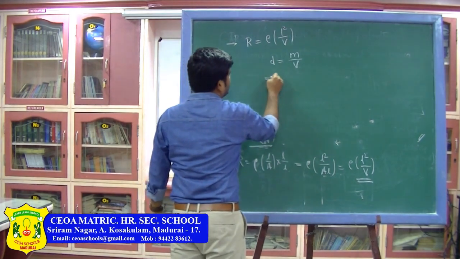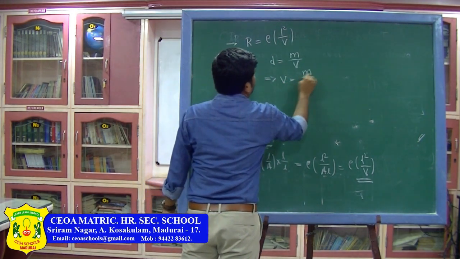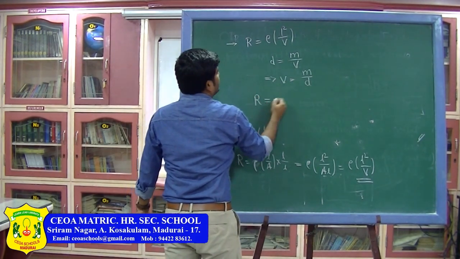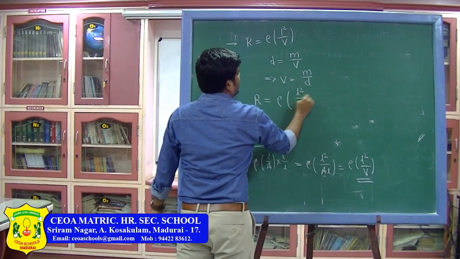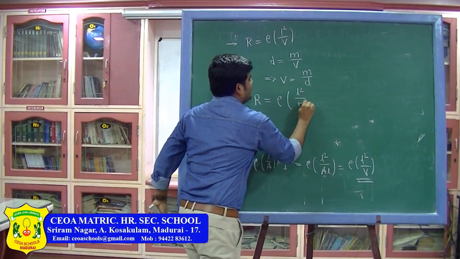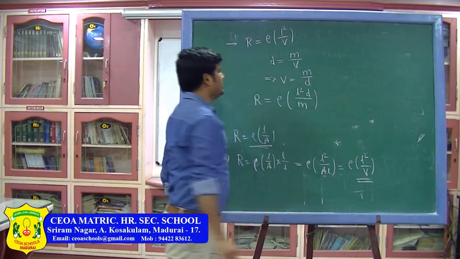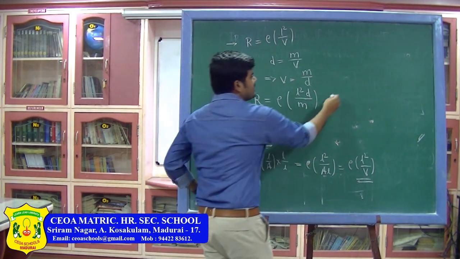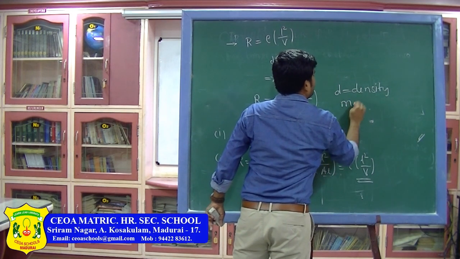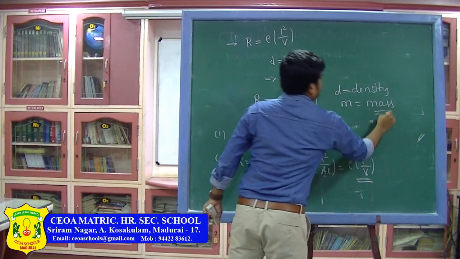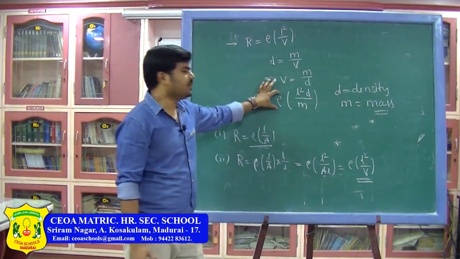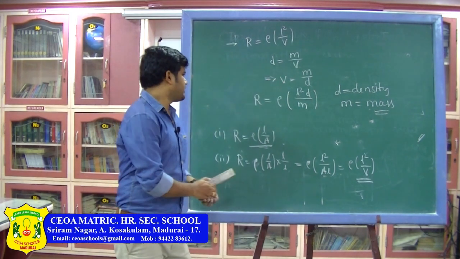Writing volume in terms of density, V equals M divided by D. Substituting the V value, you get R equals rho L square divided by M by D, so it will be rho L square D divided by M, where D is density and M is the mass of the given wire. This is the expression for electrical resistance in terms of density and mass, and rho is the electrical resistivity as usual.